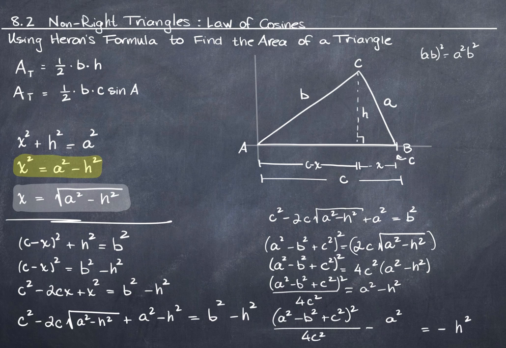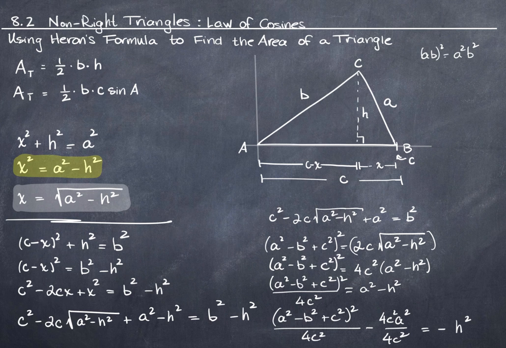And in my next step, what I want to do is combine these two terms, so I need a common denominator here. So this is going to be a squared, and I'm going to have a 4c squared over 4c squared.